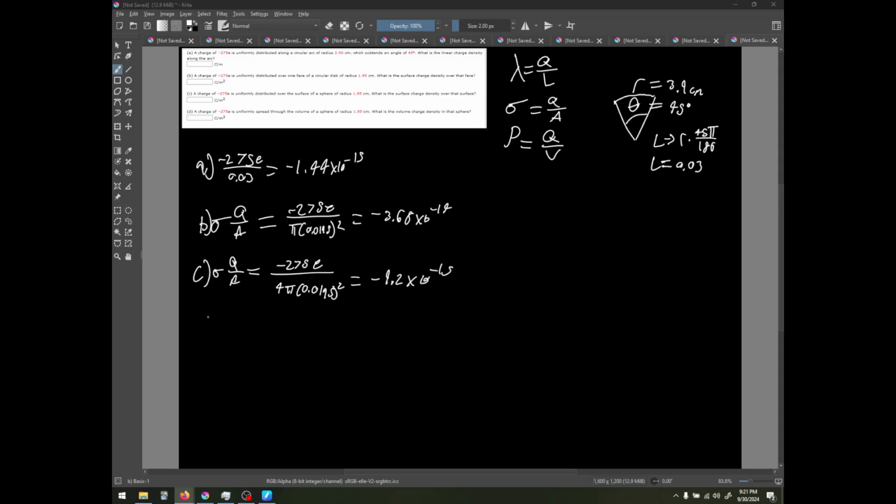Okay, and then charge D. Okay, this one's gonna be this one. -275e, except this one's gonna be 4/3 pi r cubed, right? Volume of a sphere? Yep, totally.